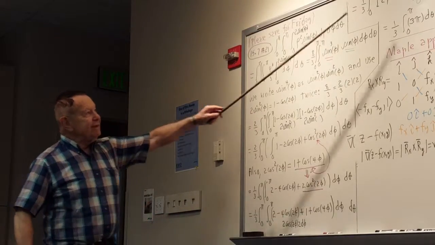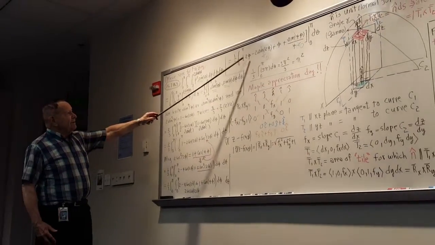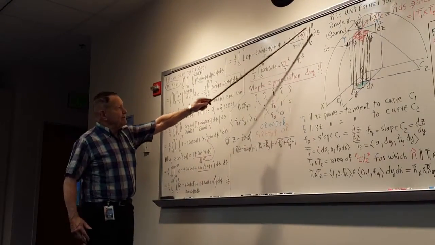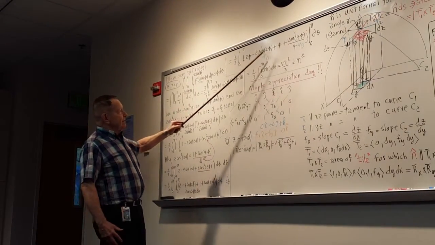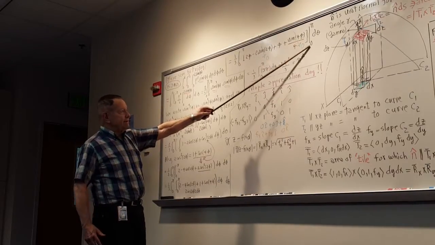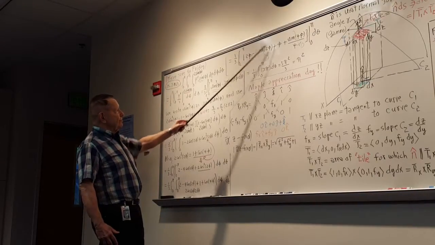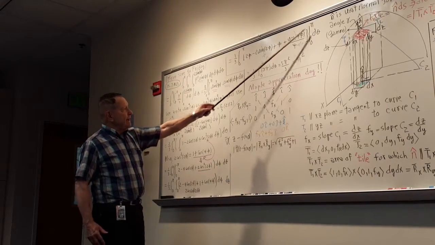And so finally, I get to here, and then I evaluate between 0 and pi, and sine of 2 pi and sine of 4 pi and sine of 0 are all 0. So I have 2 and 1 are 3 pi.